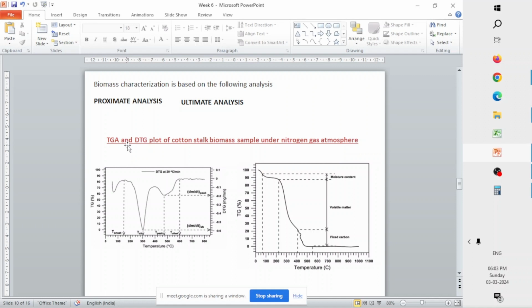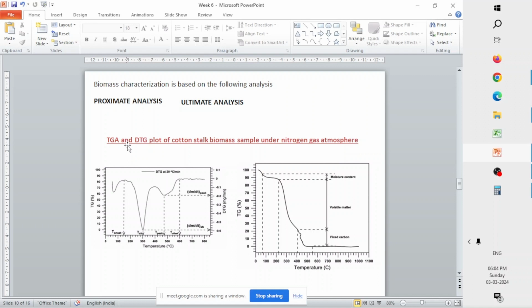Whereas ultimate analysis deals with the chemical composition of your biomass: how much percentage is carbon, the percentage of hydrogen and oxygen, and whether your biomass has any other impurities present.